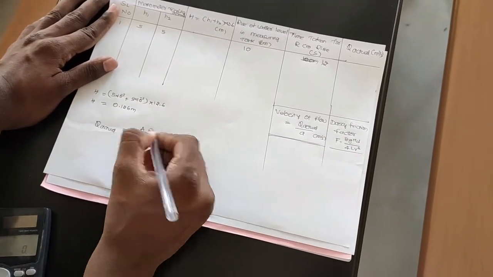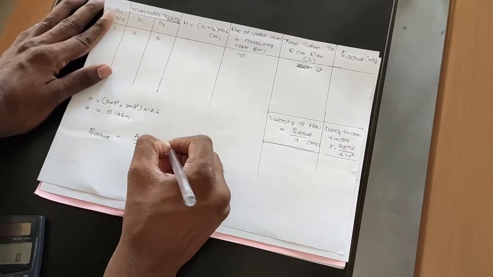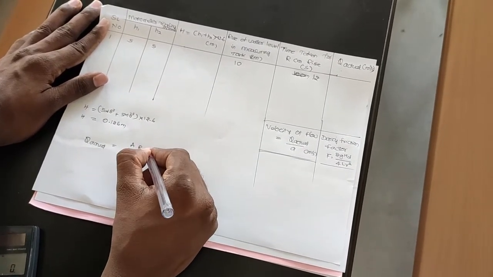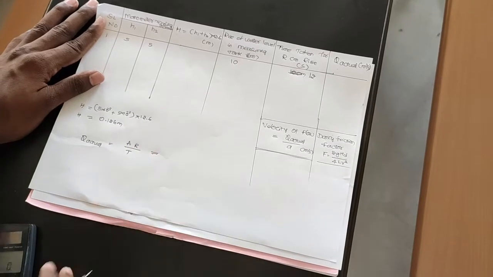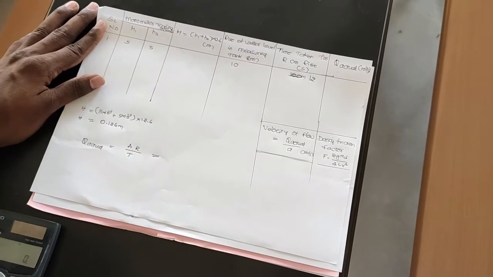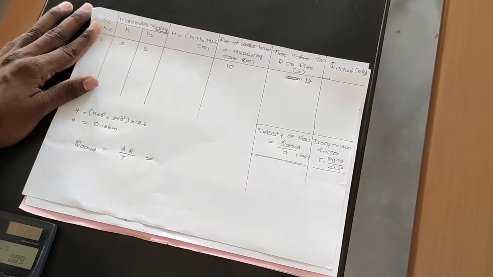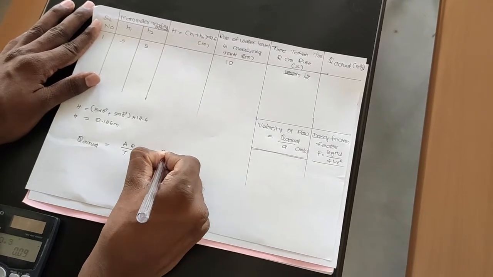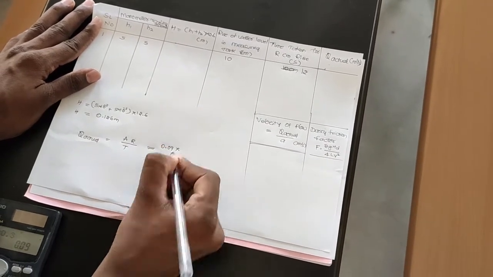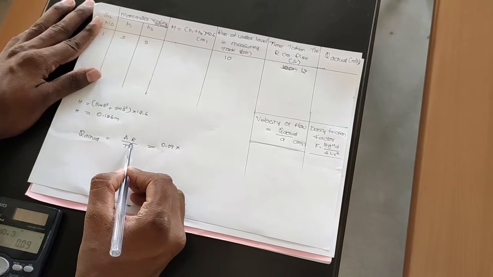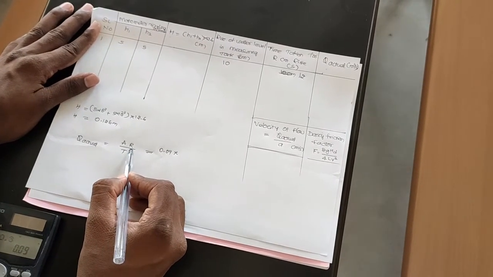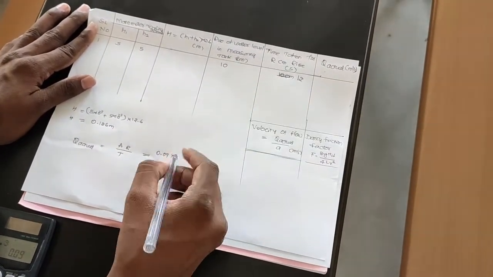So what is the area of the measuring tank? The area of the measuring tank will be 0.3 into 0.3, 0.09 square meters, into the rise of water level, that is 10 centimeter.